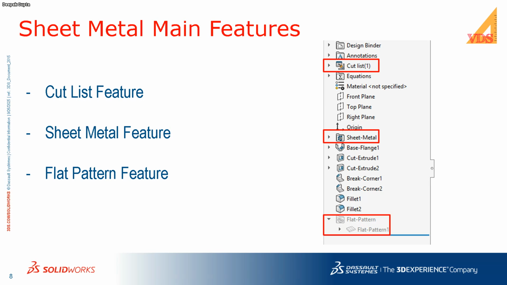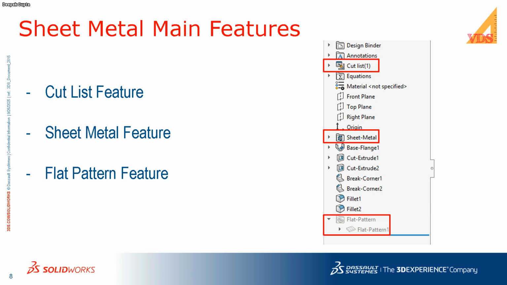Using the sheet metal feature, we can control the bend radius, the thickness, the K factor, and a few more properties of the sheet metal parts. And if we have more than one body in the same part, we can have different thicknesses controlled by the sheet metal feature.